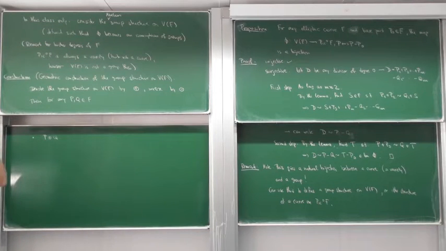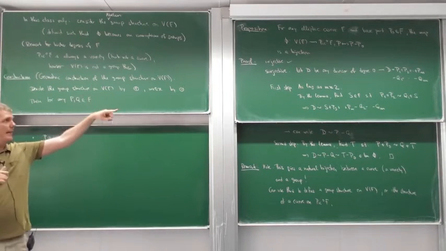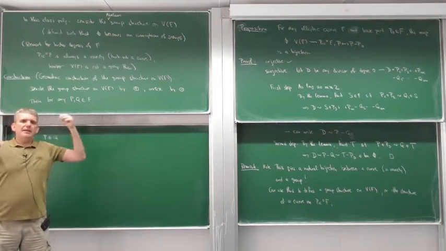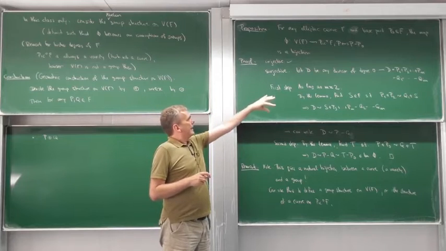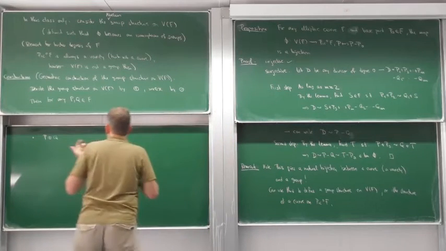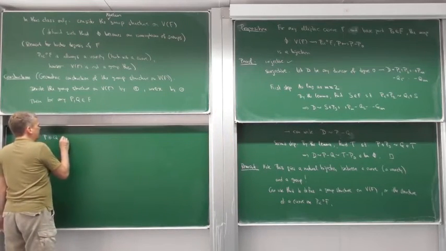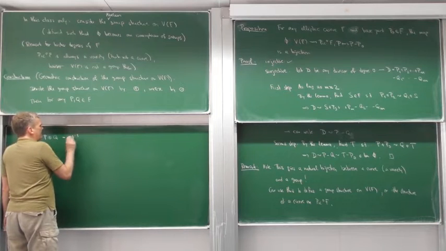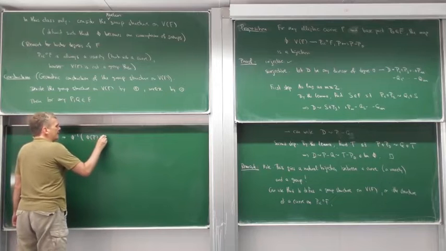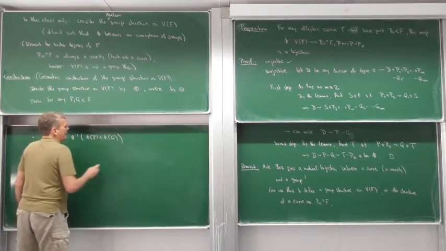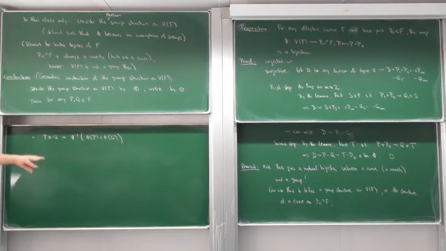As we've defined it, we take phi of each, then add the divisors, and then take phi to the minus 1. So by definition, this is phi to the minus 1 of phi of P plus phi of Q. That's how we define it, right? Transfer to the other side, add the divisors, transfer back.